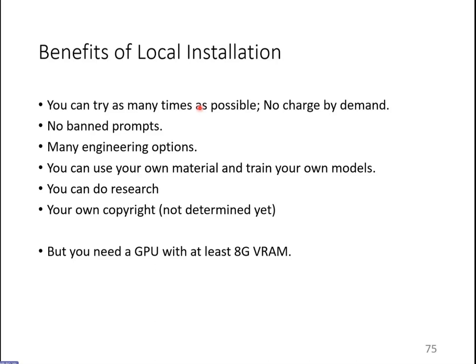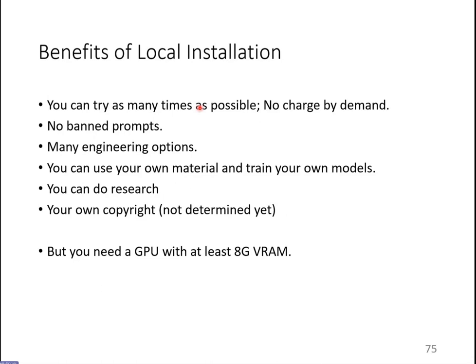For safety, those companies want to protect their users, so they ban some prompts. They discourage sexual violence, racial discrimination, etc. However, if you install the models locally, then you can do anything you want.